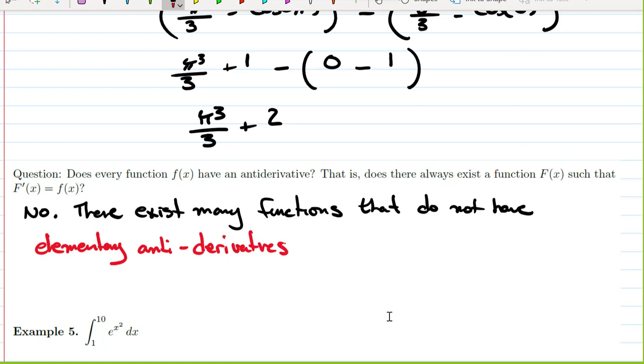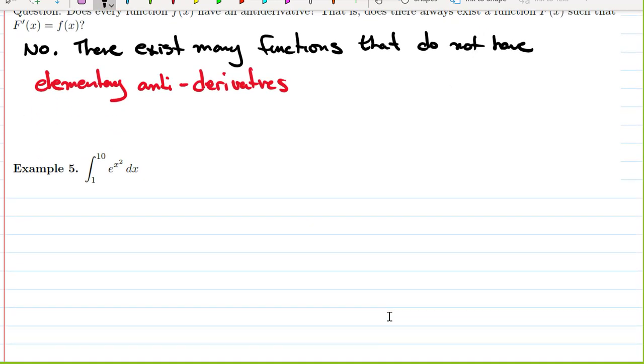So notice I'm defining elementary antiderivative, and we'll see that in this next example. So example 5 says, find the integral from 1 to 10 of e raised to the x squared dx.